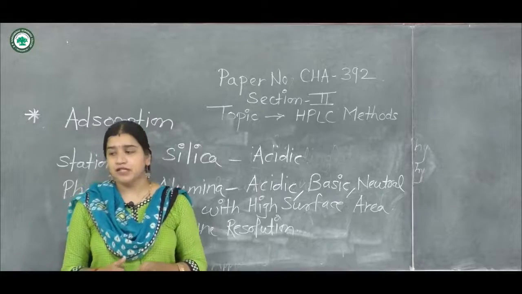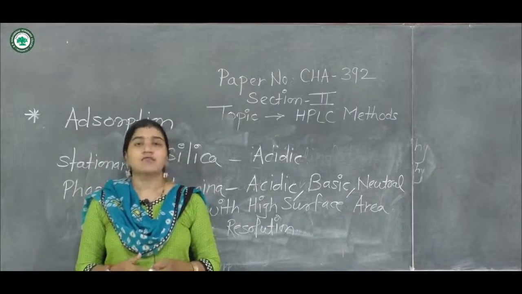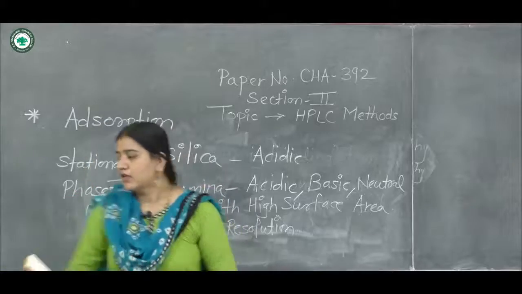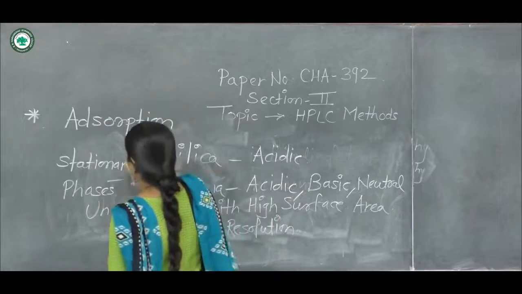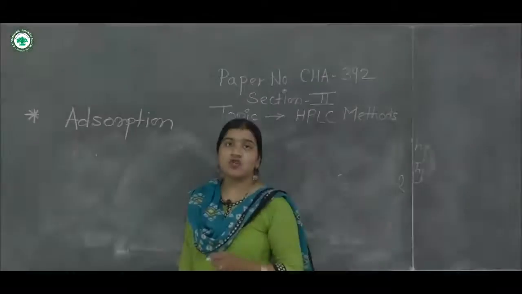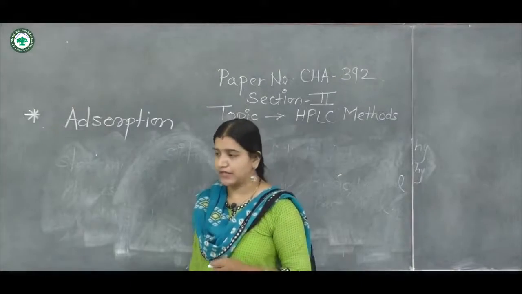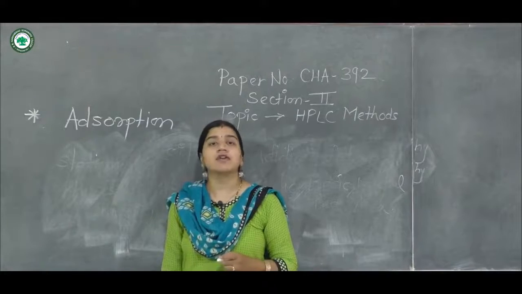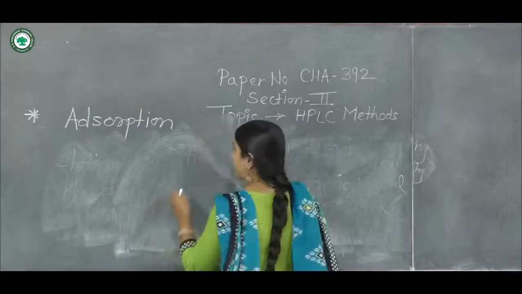Then what will be the probable ratio of the sample to the adsorbent? That is the next point that we are going to study. The ratio of sample to adsorbent will be either in the proportion 1:10 or 1:20.